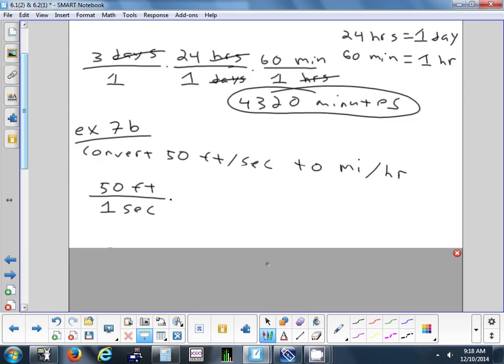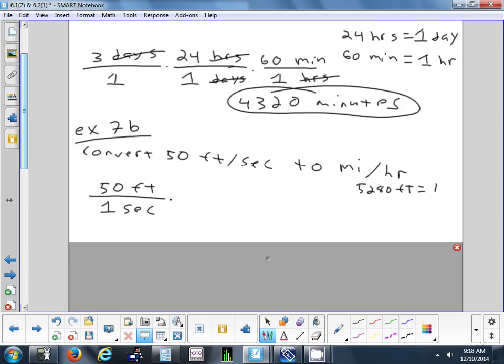We're going to change a length unit to miles, and we're going to change our time unit to hours. It doesn't matter which one we do first. Let's start with feet. How many feet in 1 mile? Yep, 5,280. So 5,280 feet is in 1 mile.